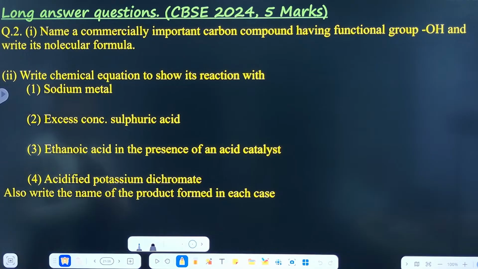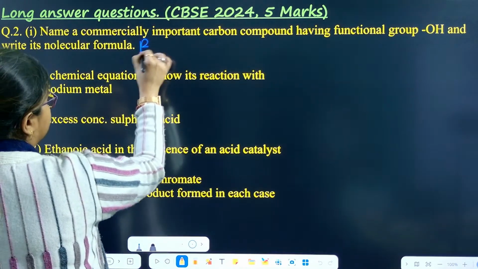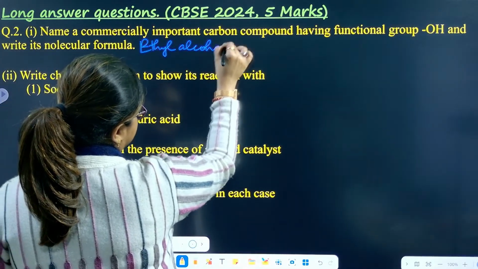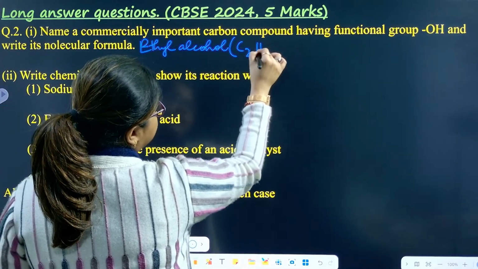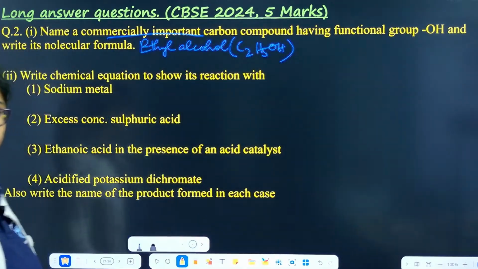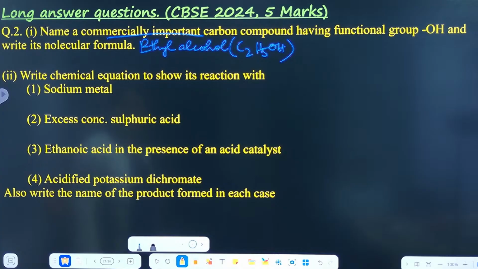Okay, now coming to: name a commercially important carbon compound having functional group OH and its molecular formula. So very important is what? Ethyl alcohol, C2H5OH. This is commercially very important. Write the chemical equation to show its reaction with sodium metal.